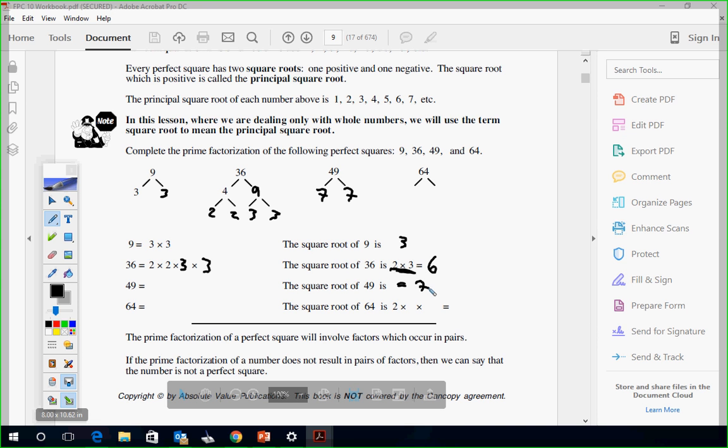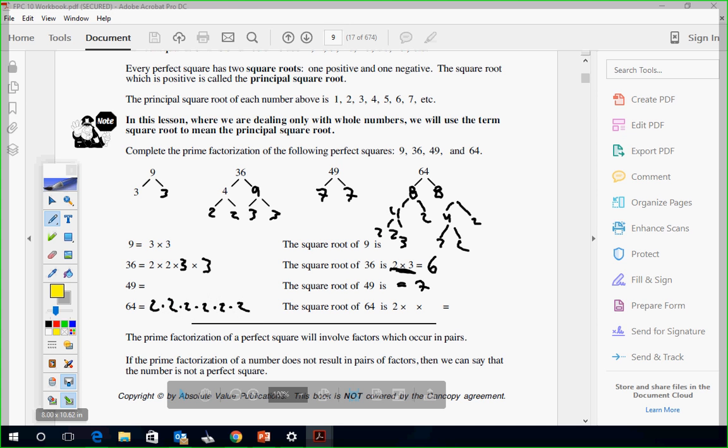The square root of 64 is, so this one you're going to see there's a pattern. So we go 8 times 8, 4 times 2, 2 and 2, 4 times 2, 2 and 2. So I have six 2s. You want to think about them in groups.